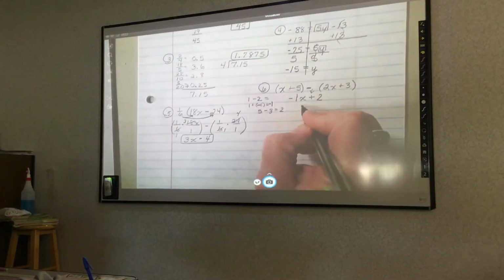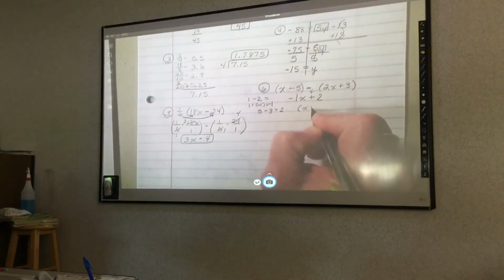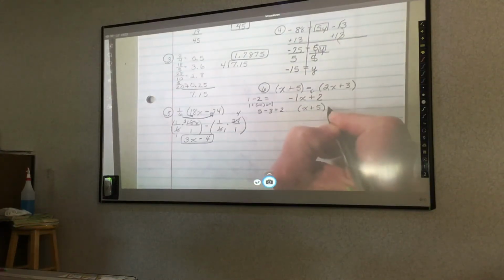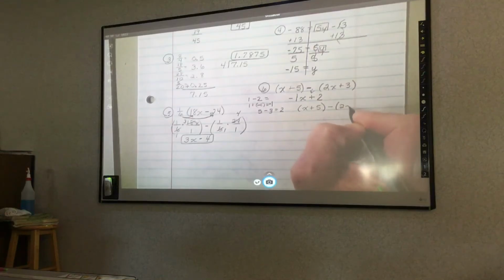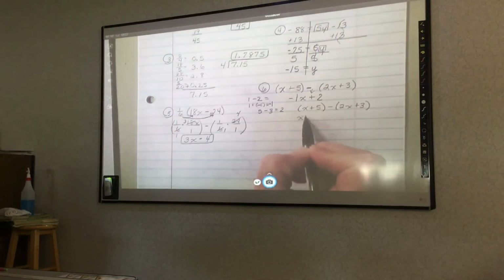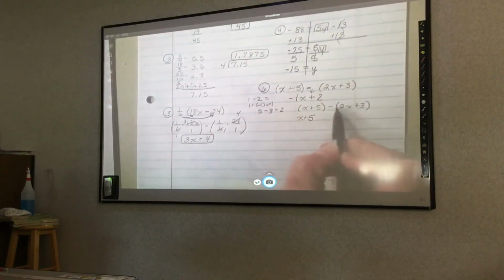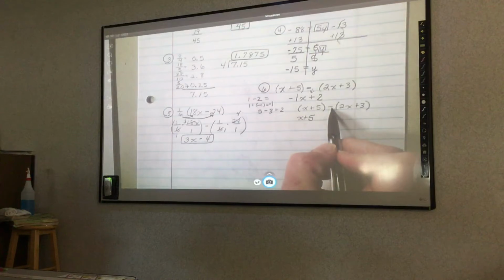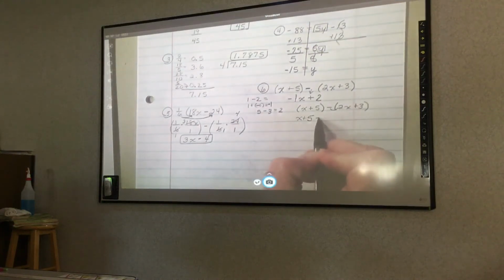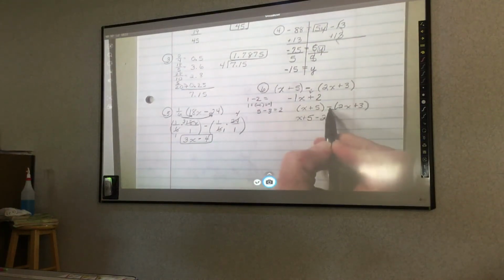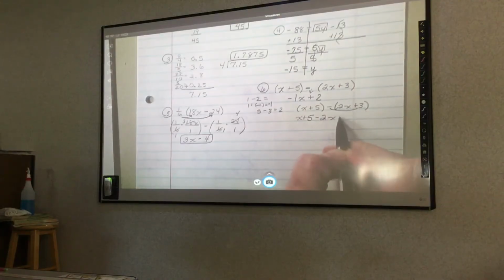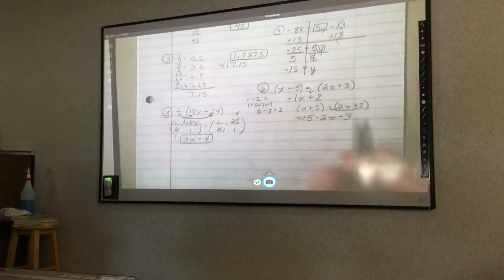Here's another way you can look at it. X plus 5 minus 2x plus 3. What we really did is we kept the x plus 5 and then we used the negative and the distributive property. We distributed that negative to the 2x, so it's minus 2x. We distributed the negative to the 3, so it's minus 3.